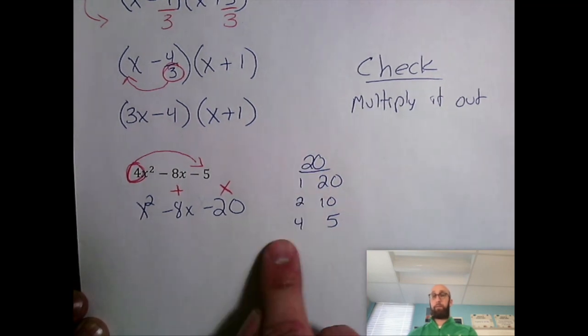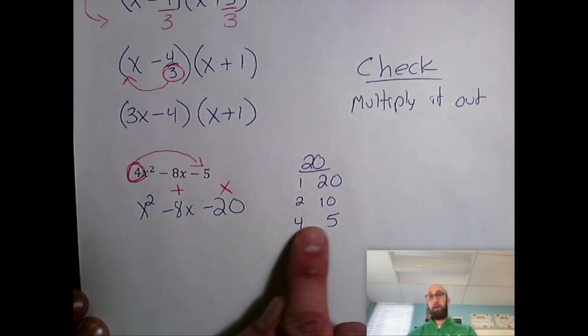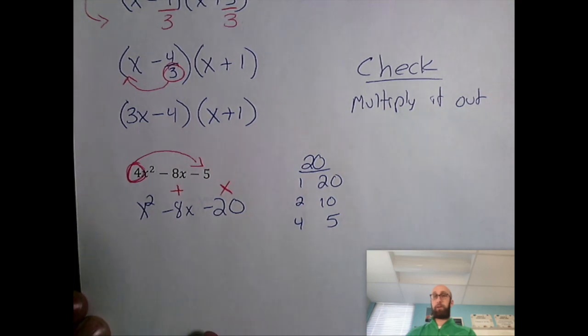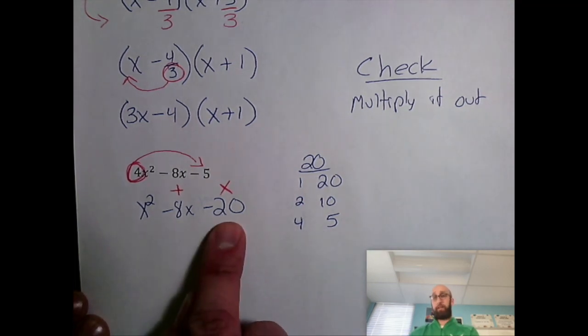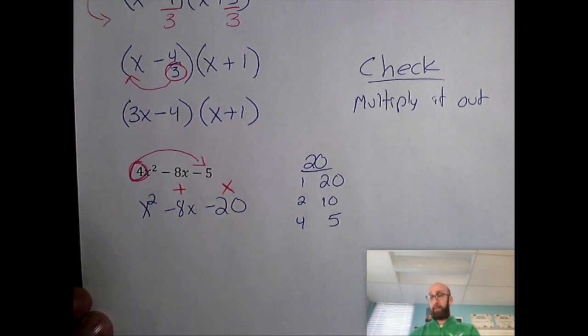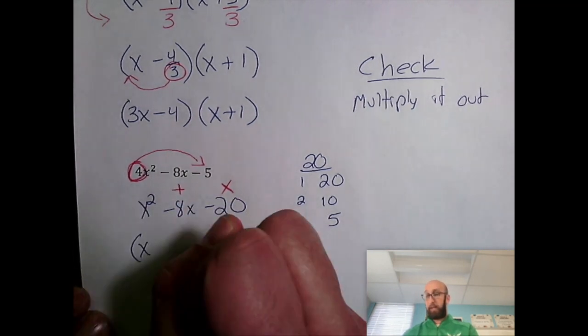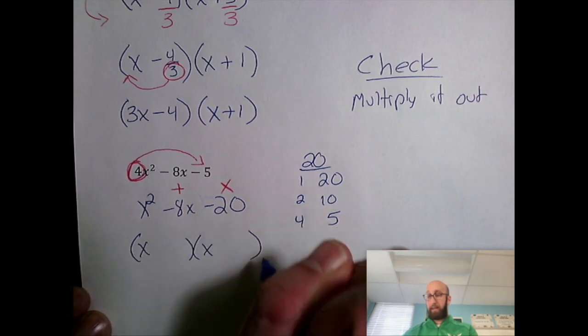I could do 20 divided by 5, but that also gets me 4. So these are all pairs that multiply to 20. I just have to find the pair that is going to multiply to -20, but add to -8.